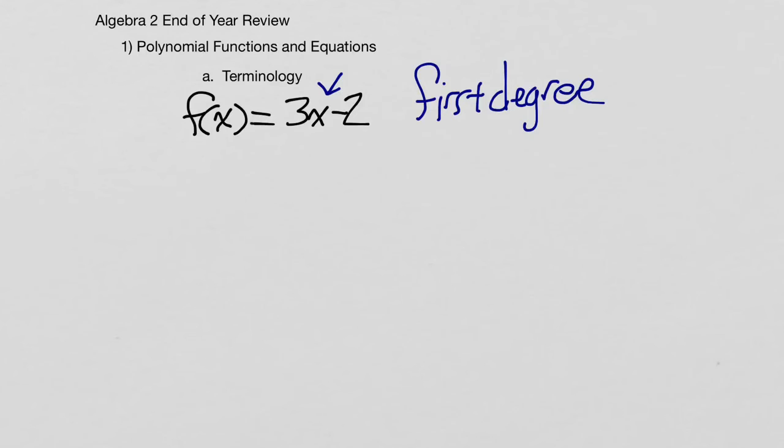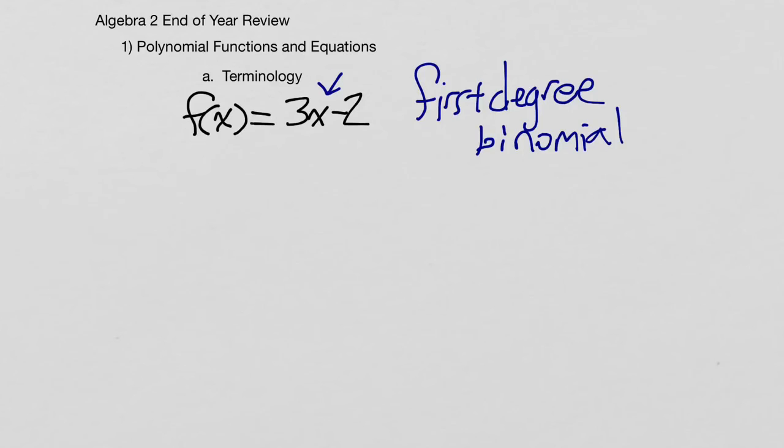So this is 2 terms, 3x minus 2. They're not like terms, and they're separated by that minus. So it's a first degree binomial. When you hear somebody talking about a first degree binomial, there you go. We sometimes also call that linear.